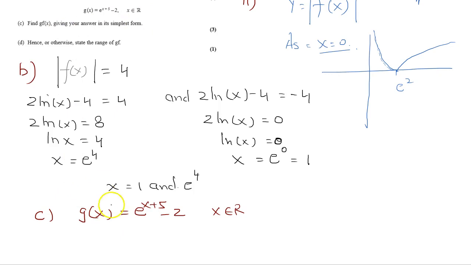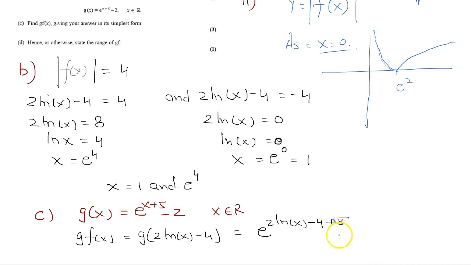So gfx is equal to g of 2 ln x minus 4, which is equal to e to the power 2 ln x minus 4 plus 5, minus 2.